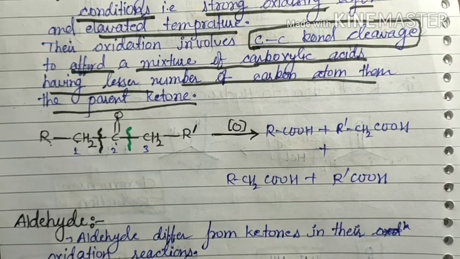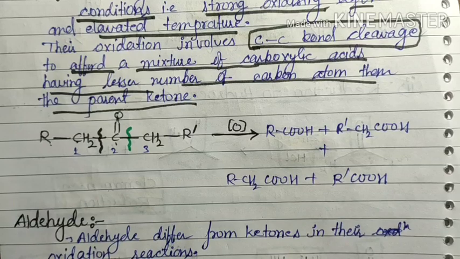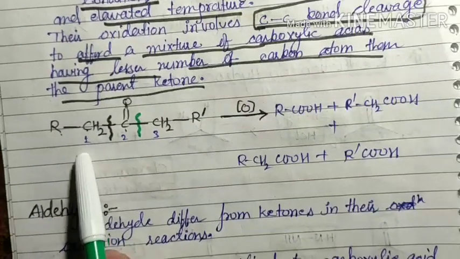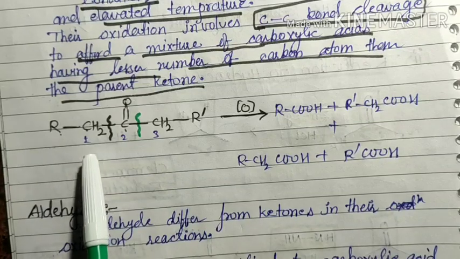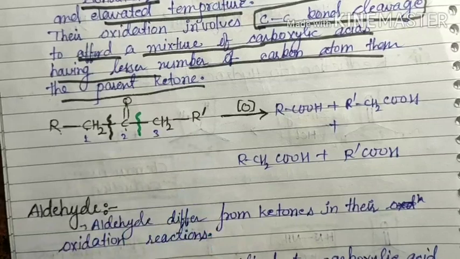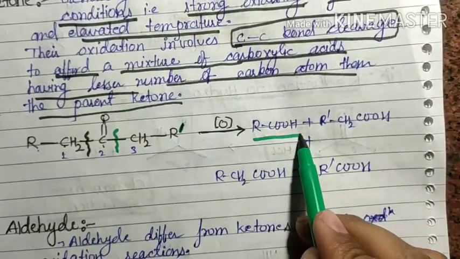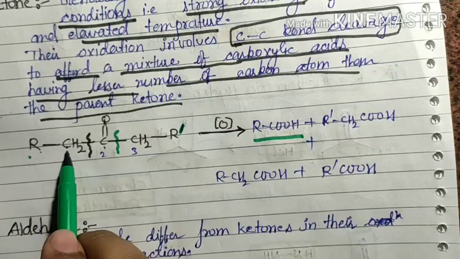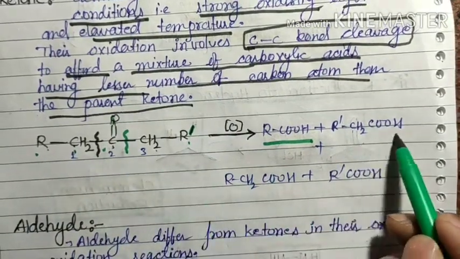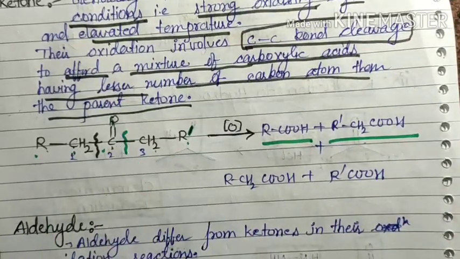So a mixture of carboxylic acids is formed. If the 1,2 or 2,3 bond breaks, the products are RCOOH and R'CH2COOH, that means the bond cleavage takes place at these points.